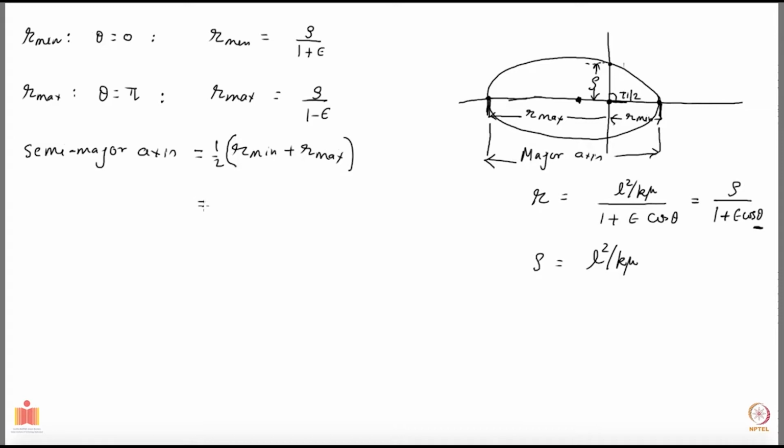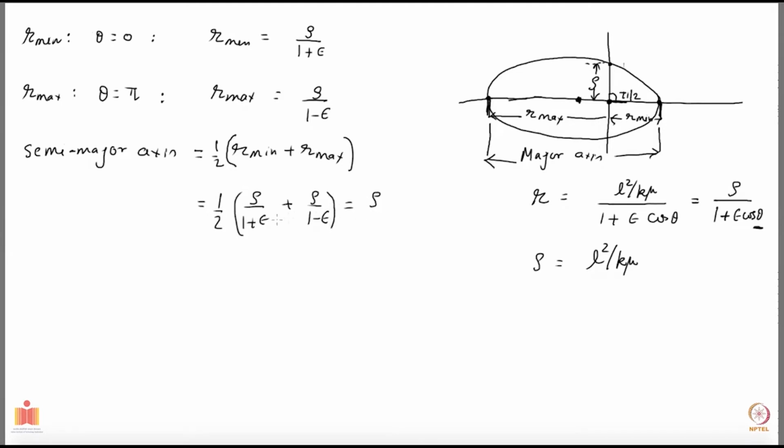Okay, and what is that? It is rho over 1 plus epsilon plus rho over 1 minus epsilon. Okay, 1 plus epsilon plus 1 minus epsilon will give you a 2, and there's a factor of half which I have missed.